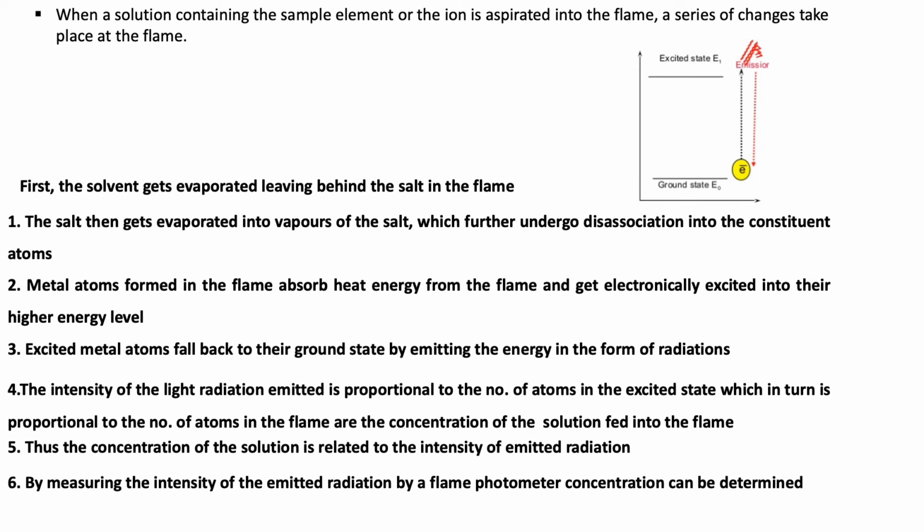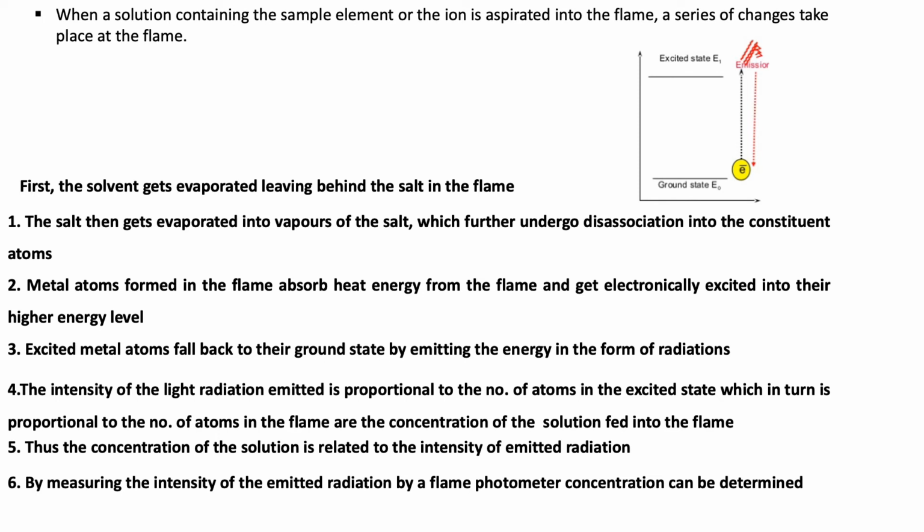After excitation, the electrons in the atoms go from the ground state to the excited state, and once again they come back to the ground state, releasing the excess energy in the form of radiation. The intensity of the light radiation emitted is proportional to the number of atoms in the excited state, which in turn is proportional to the number of atoms in the flame, or the concentration of the solution fed into the flame. It is straightforward.